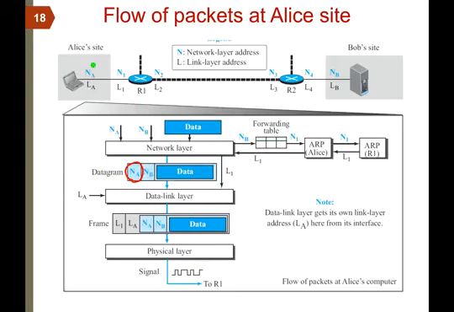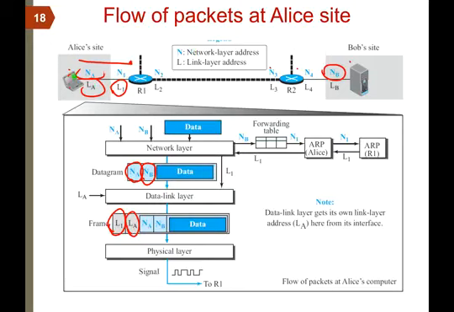You have NA and NB, the network layer addresses of the source and destination. Now at the data link layer you need L1 and LA, because you go from node to node, not directly from here to here. So you have to go to this node, and then from here to here, and then from here to here. So there is a hop to hop, node to node delivery process.